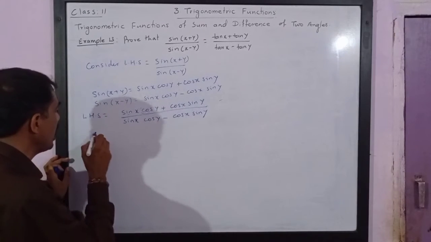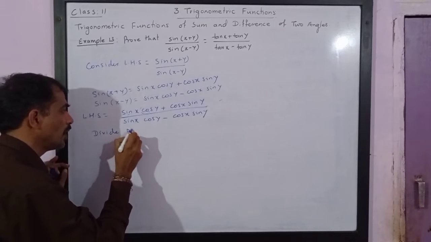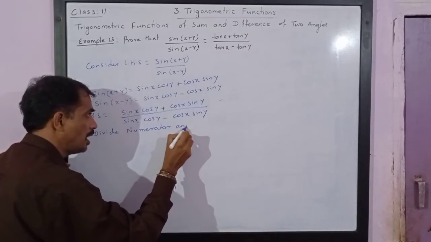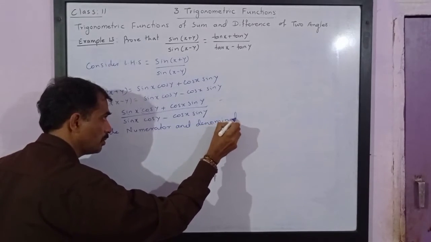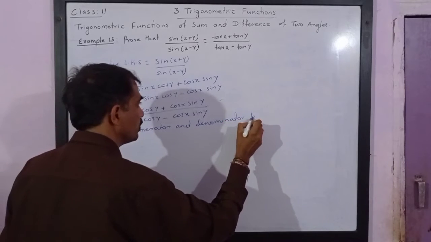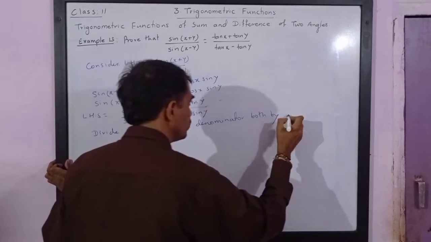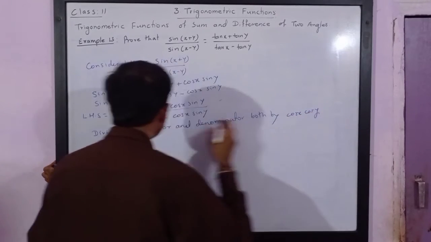So here divide numerator and denominator both by cos x cos y. So see what we get.